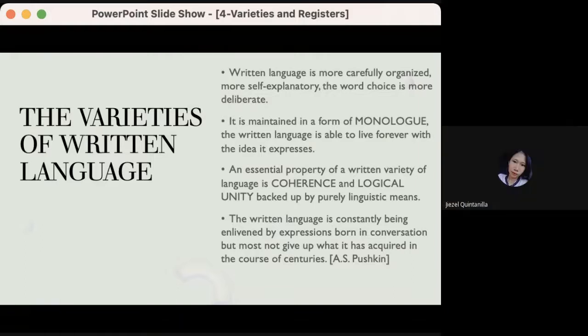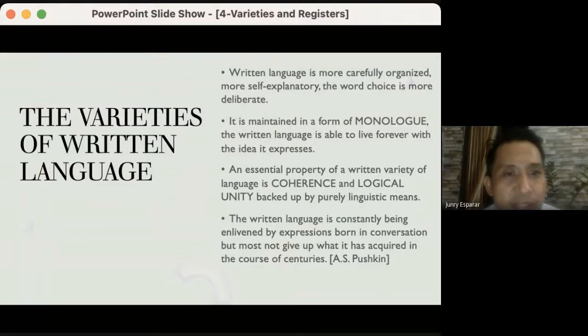An essential property of a written variety of language is coherence and logical unity, backed up by purely linguistic means. The written language is constantly being enlivened by expression born in conversation, but must not give up what it has acquired in the course of centuries. Okay, thank you so much, Giselle.